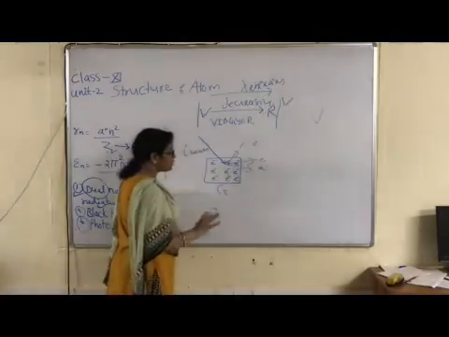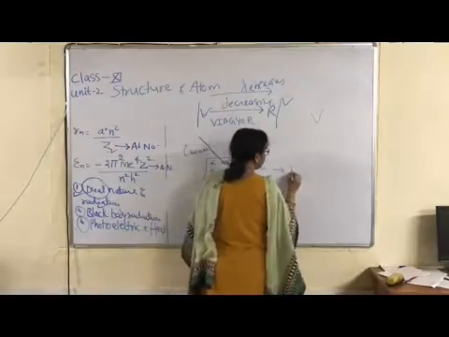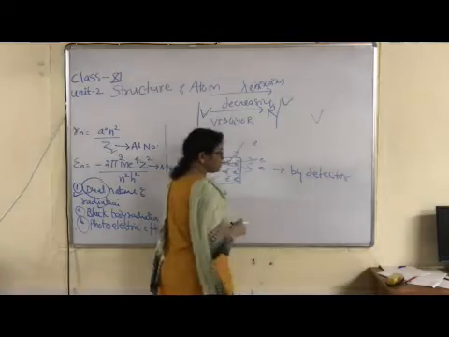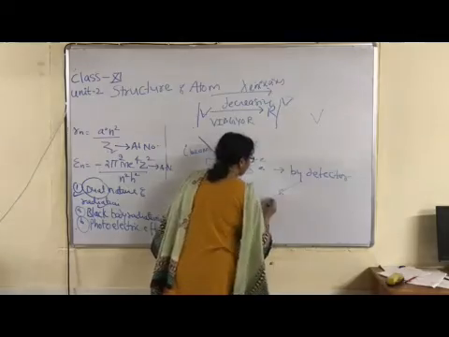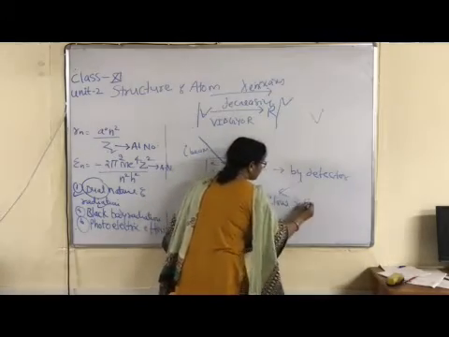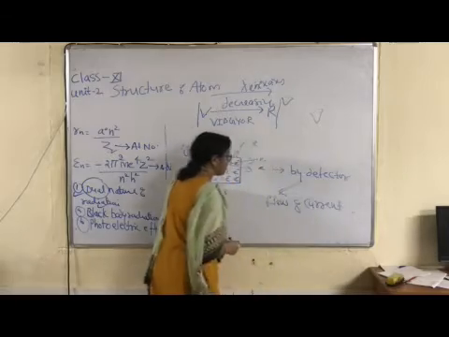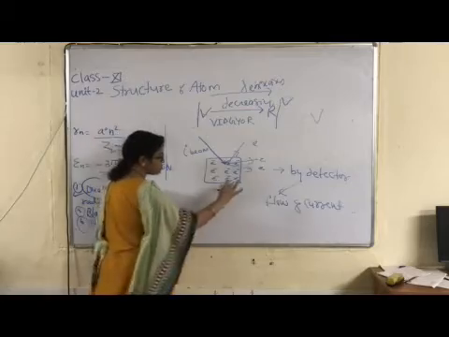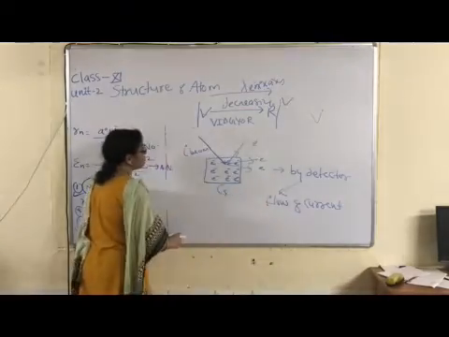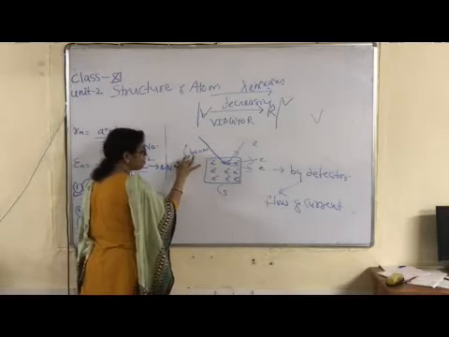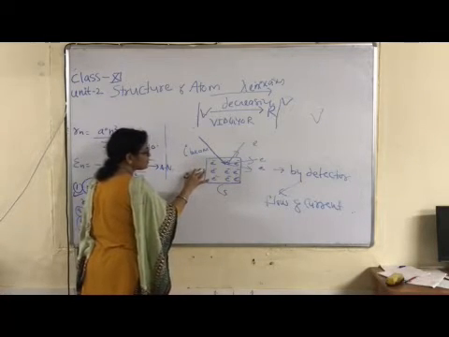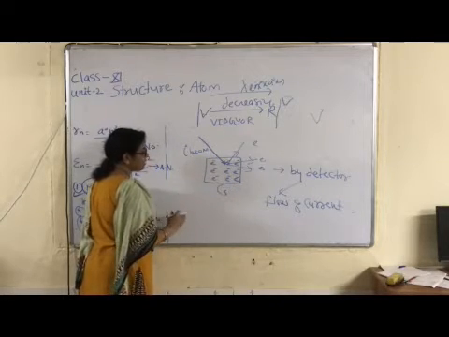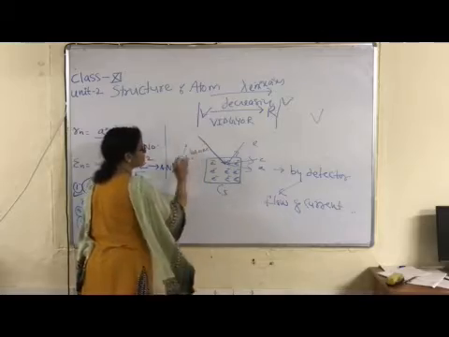And when the ejected electrons are detected by a detector connected to a circuit, then what is observed? Flow of current. Okay children? So this phenomenon is known as the photoelectric effect. It means flow of current when light of suitable frequency strikes the surface of photosensitive metal. Now, three important observations of the photoelectric effect.